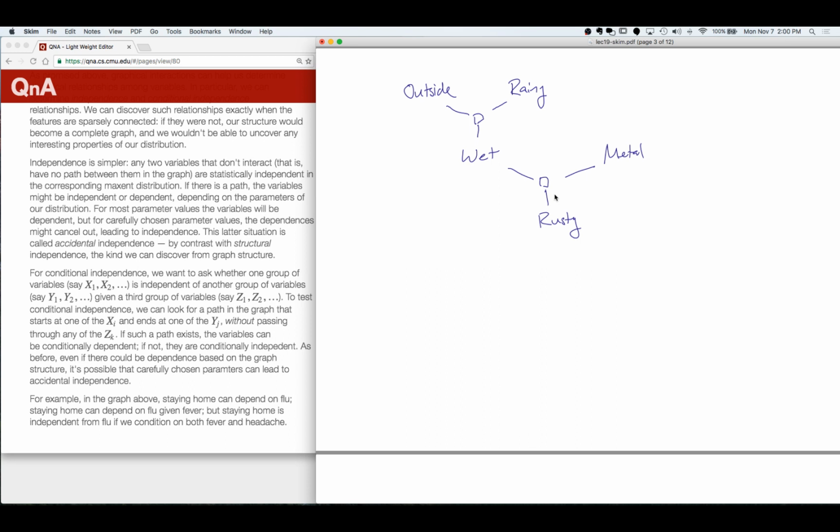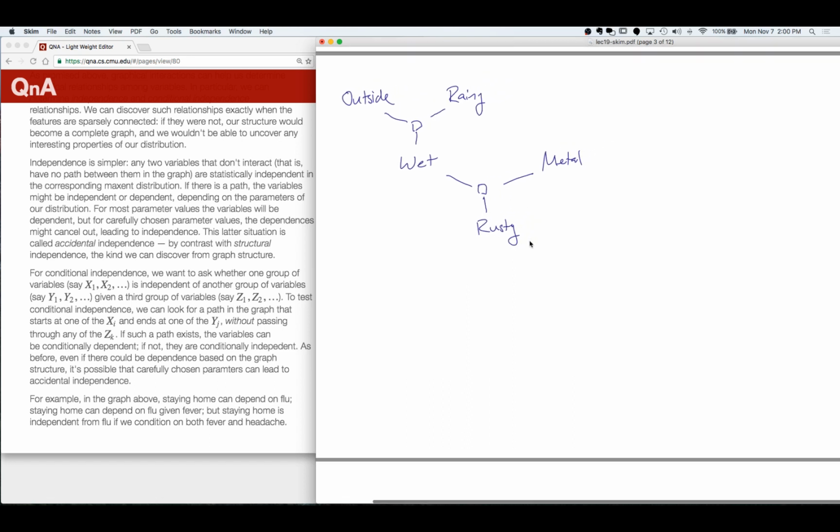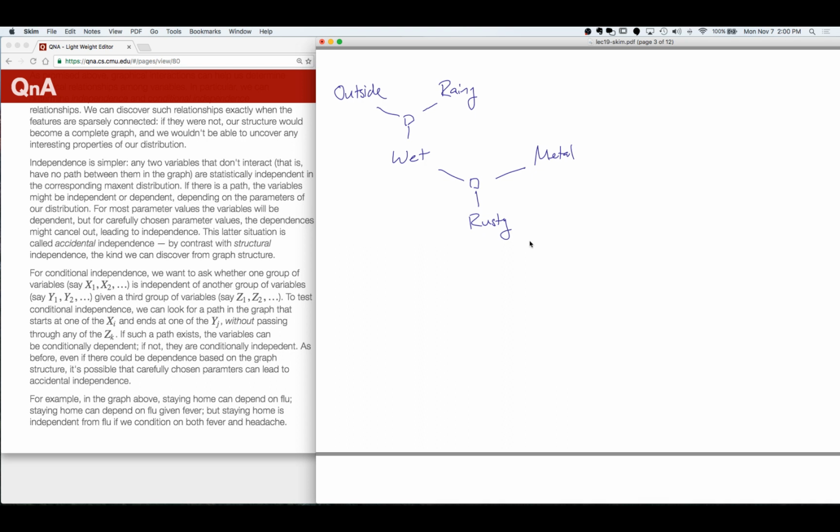And so this is one graphical model that we could use to try and fit a probability distribution to observations of this sort of data, right? So, just to be clear, the sort of data we might get is outside, rainy, wet, metal, and rusty. So I'll put RA for rainy, right?